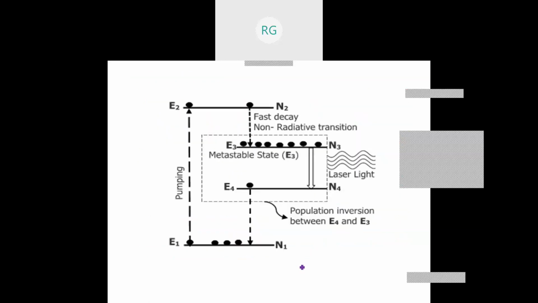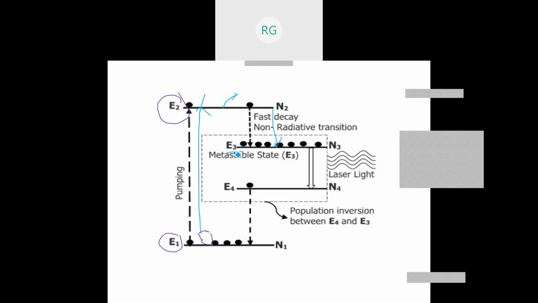Now look at this system. I have an energy level E1 and an energy level E2, and I am pumping the atoms from here to the higher energy level. But this state is not a metastable state, so the atoms will fall down immediately to the next available closest energy level, E3.